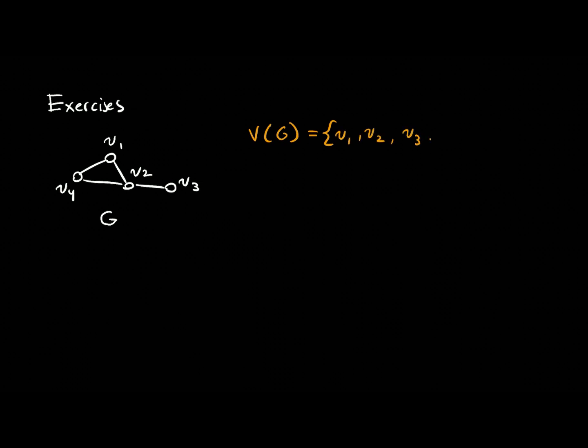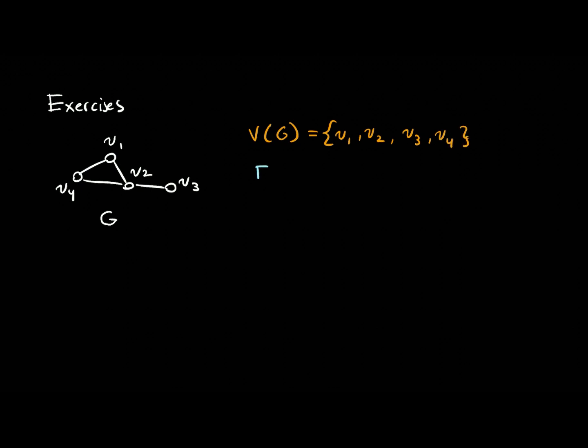Exercises. So consider the following graph G. This is going to be V1, V2, V3, and V4. The vertex set of G is defined as vertex V sub 1, V sub 2, V sub 3, and V sub 4.